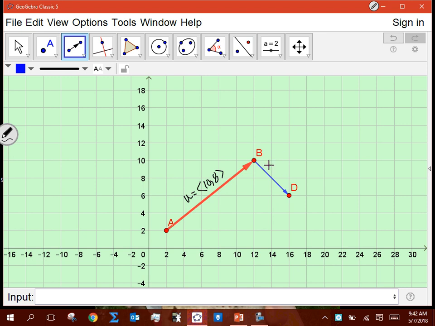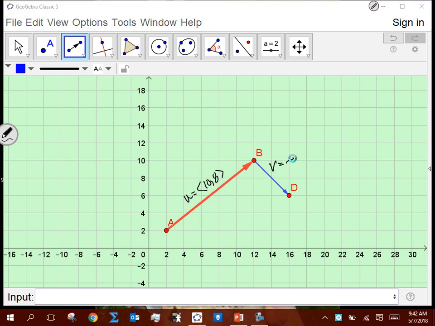Call this vector v. The x is what? It's 12 to 16, so 4. And then the y value is also 4, isn't it? And is the y going up or down? Down, right? Remember I said y2 minus y1, so it'd have to be 6 minus 10. So that should be a negative 4 there.